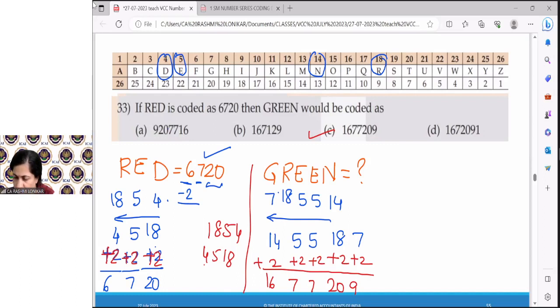Yes, because this is also very important, so I want you to understand. Pallavi, 33rd. 1677209 will be the answer.